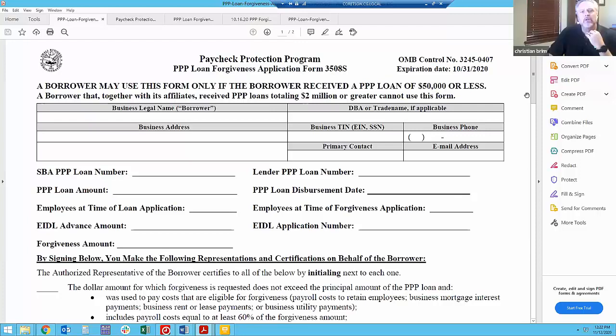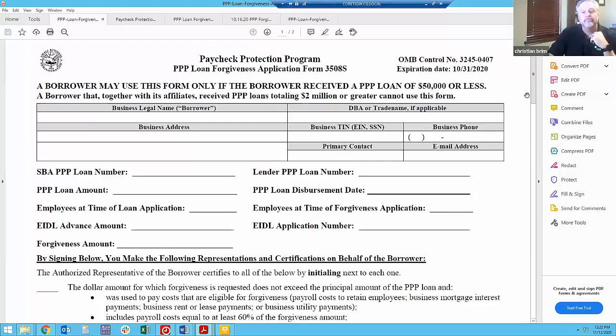Angela wants to know, is there a deadline to submit the application for forgiveness? Not that I have heard. I would get it in before you have to make payment on it. Right. So that's a 6-month window from disbursement. Correct. It's a year, isn't it? Oh, is it a year? You're thinking of the EIDL as a year.